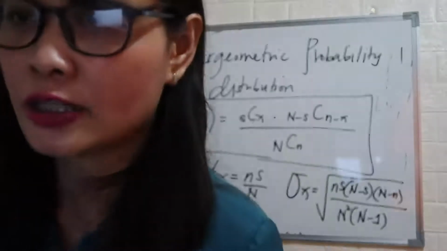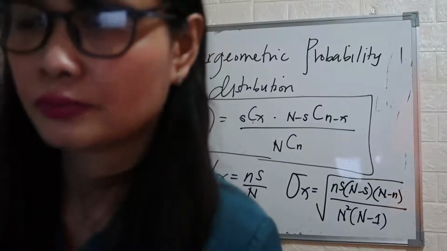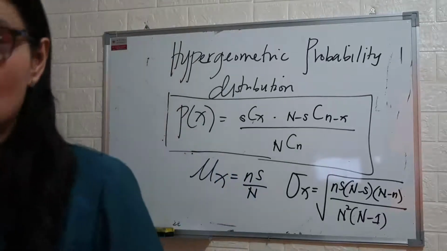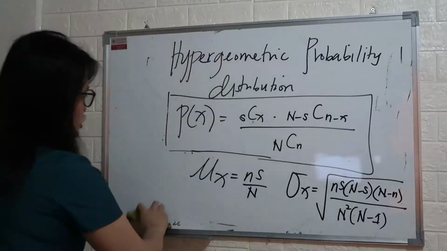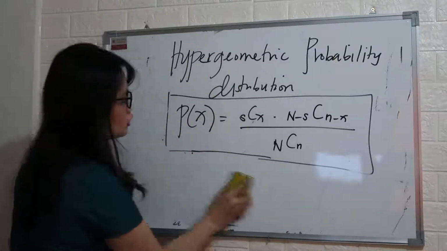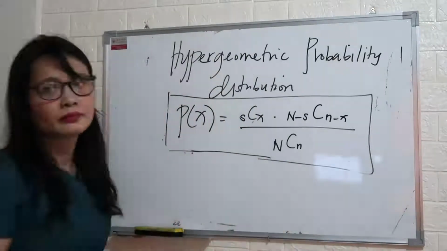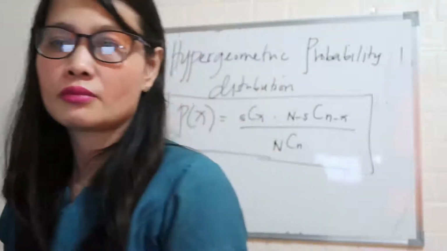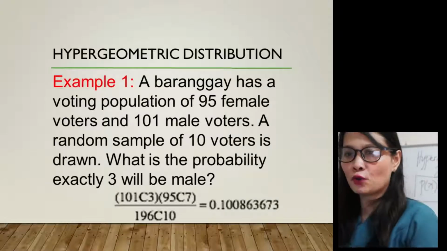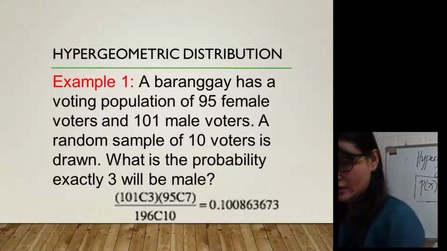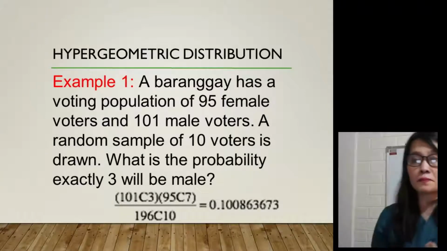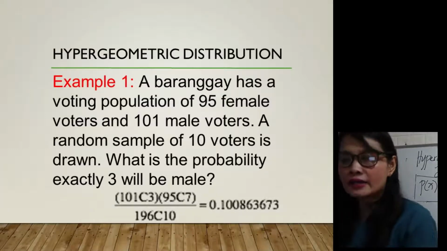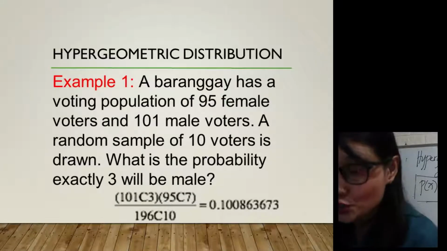Okay, let's start now with the first problem. Kindly take note of the given formula. I'll read the first problem in hypergeometric distribution. A barangay has a voting population of 95 female voters and 101 male voters.